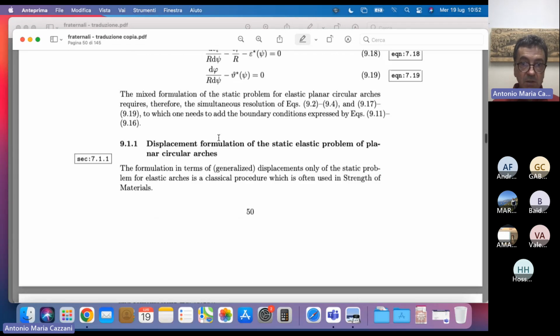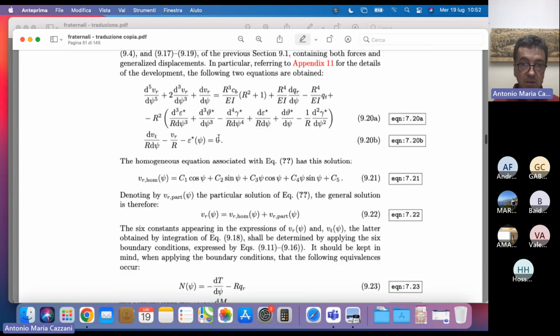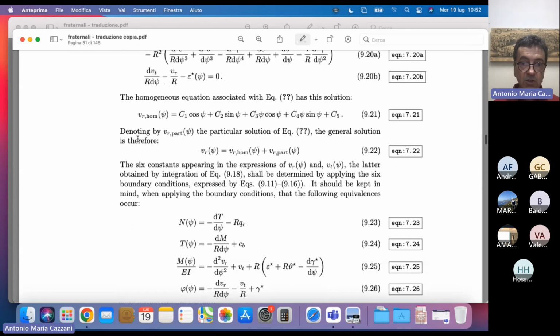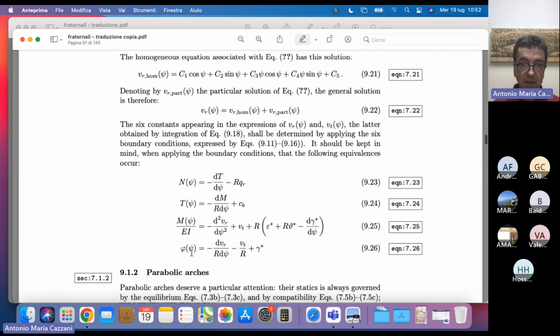And so the solution is complete in the sense that once we know this function, we can then compute the cross-sectional rotation phi by taking the derivative of VR and summing VT. And so we know that expression. And then, of course, we can also get all the solutions in terms of stress resultants N, T, and M according to these equations.